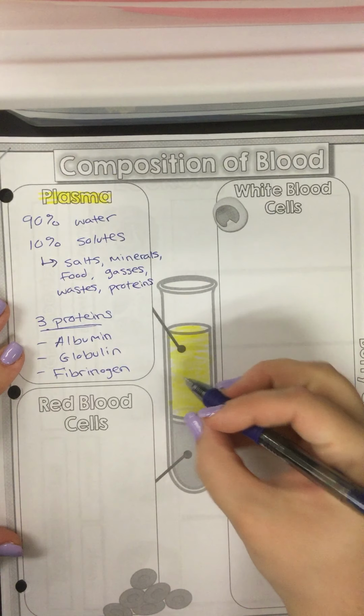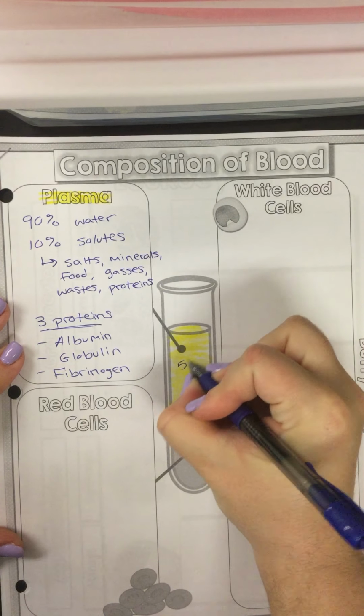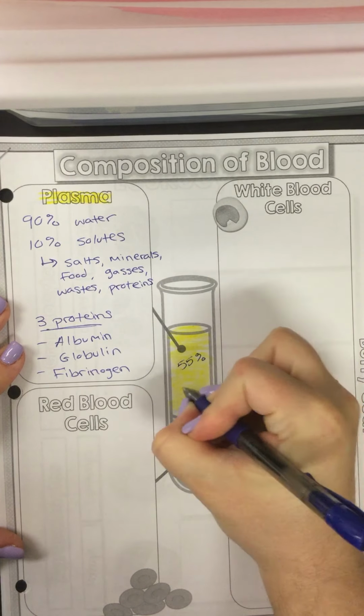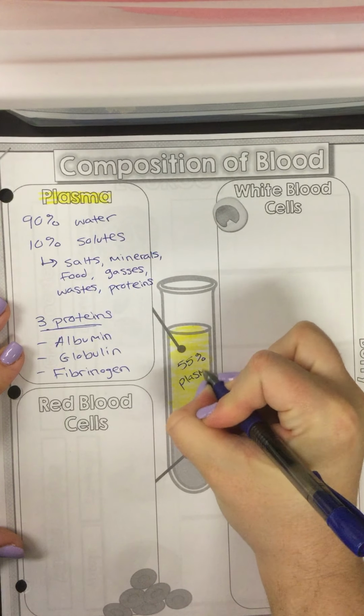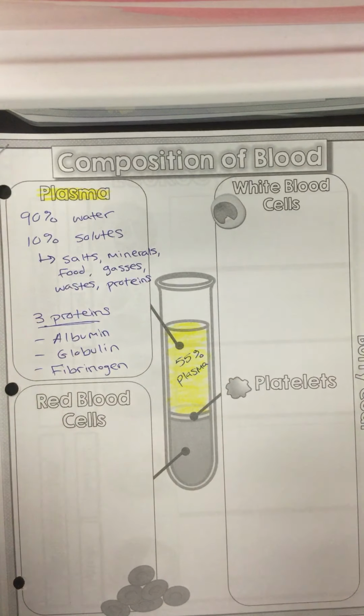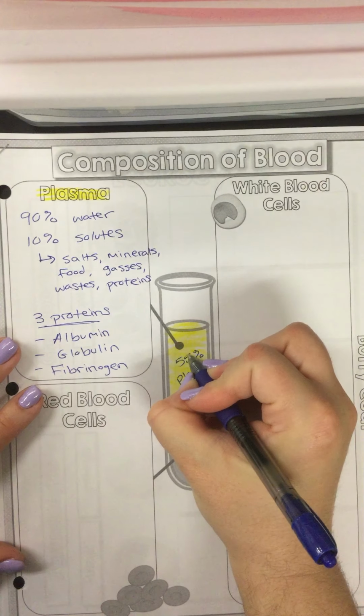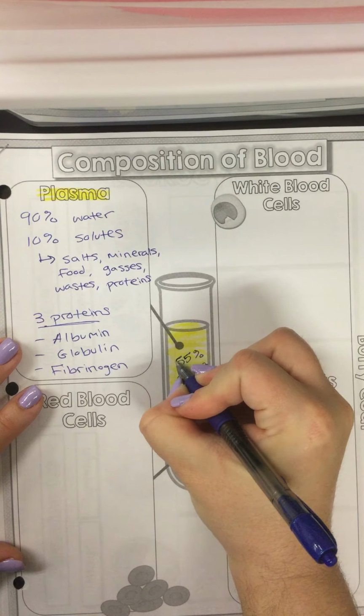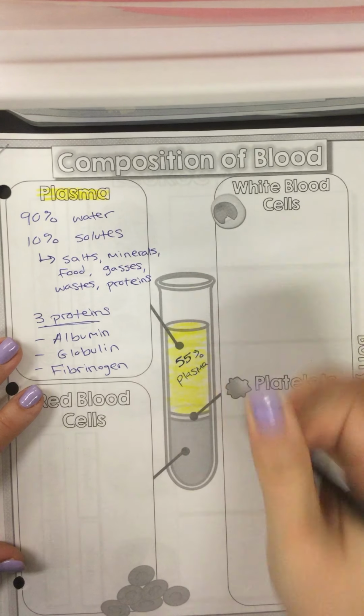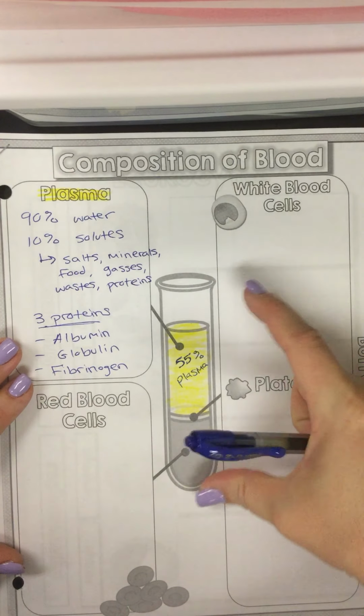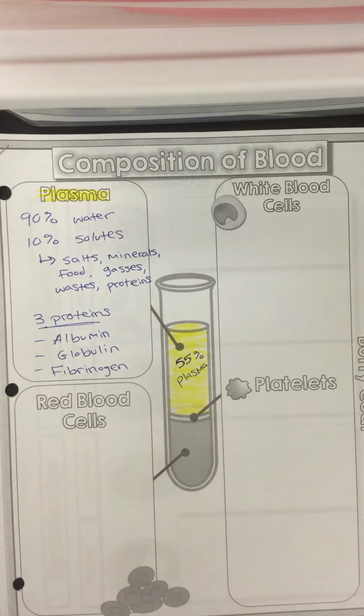About half of that sample would be plasma, so like 55-ish. It depends on if it's male or female, how big or small the person is, stuff like that, how much water you've been drinking, etc. This test tube thing here is called a hematocrit. We'll see more about that in a couple days. We're going to do one of these on paper.